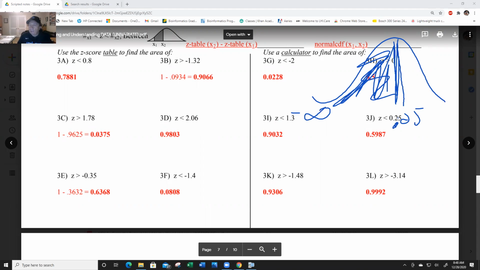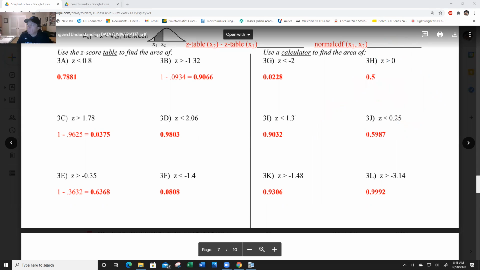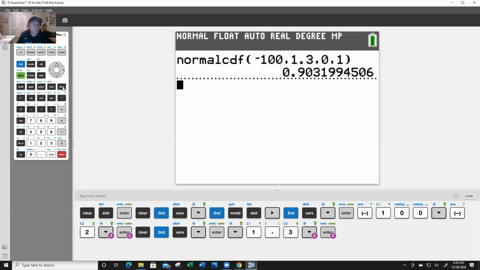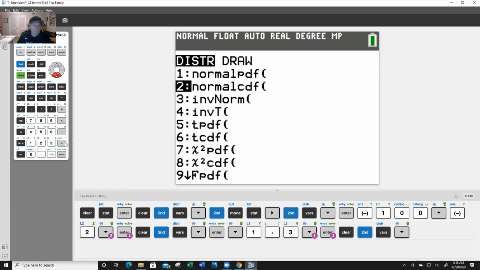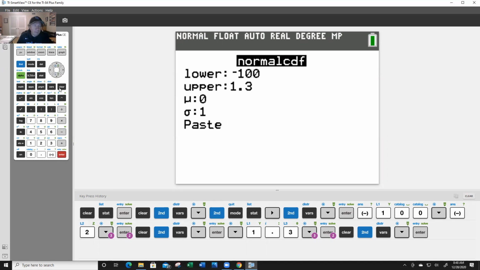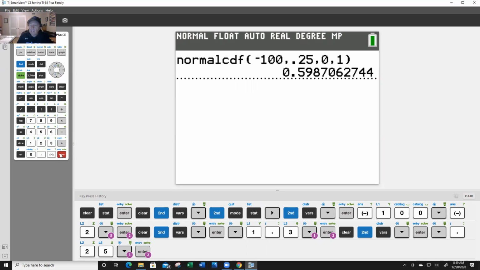So I'm just going to go to my calculator and handle that. Clear that. Second distribution, normal CDF. Negative infinity is already there. And 0.25, I should get over 50%. And I do.